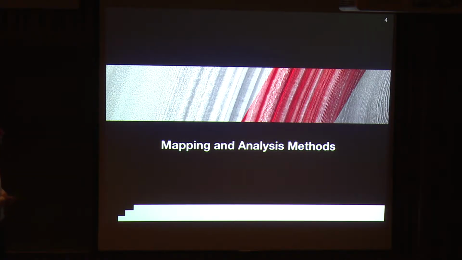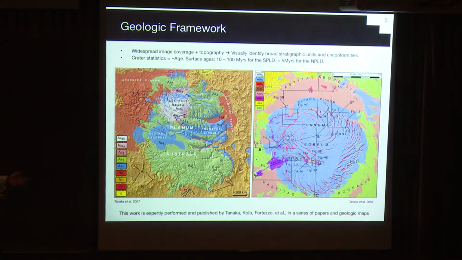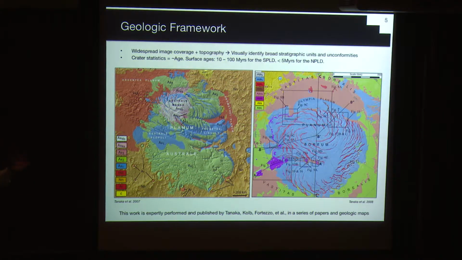Okay, so I'm going to talk about some of the methods that we use to map the stratigraphy of the poles. So first, we want to get a geologic framework in which we're looking at these fine resolution stratigraphic columns. And so these are geologic maps that were made by Ken Tanaka's group at the USGS.